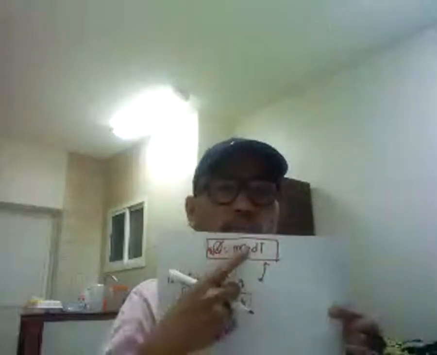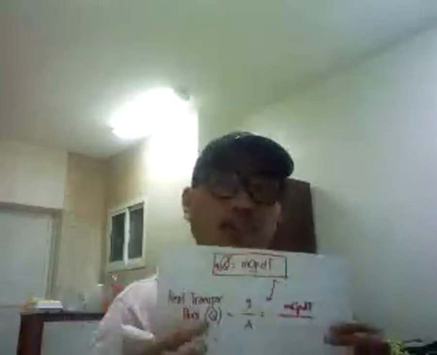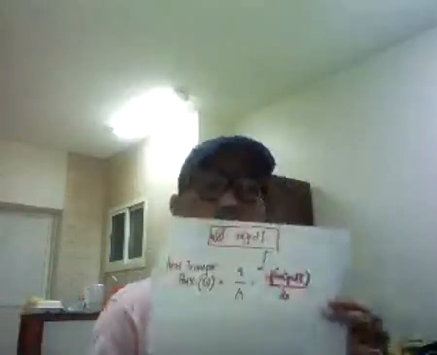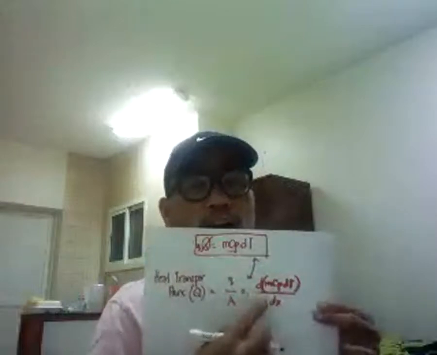Substitute the mCp dT here in the numerator. So mCp dT over, since this is for the horizontal position, that is dx. And then delta change of this small letter q. So this is now our rate of heat transfer.